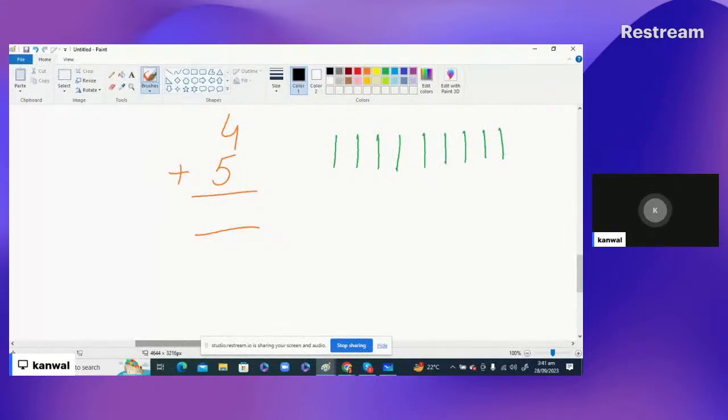Now count all the lines together. Let's count 1, 2, 3, 4, 5, 6, 7, 8, and 9. Let's write here 9. So 4 plus 5 is 9.